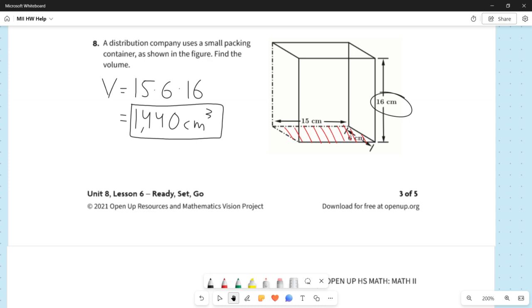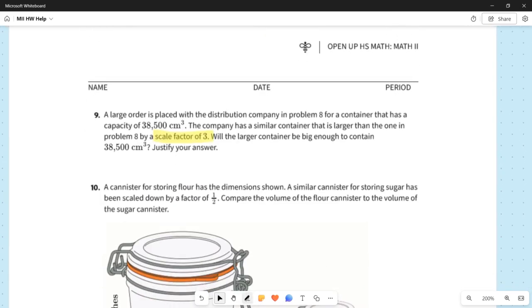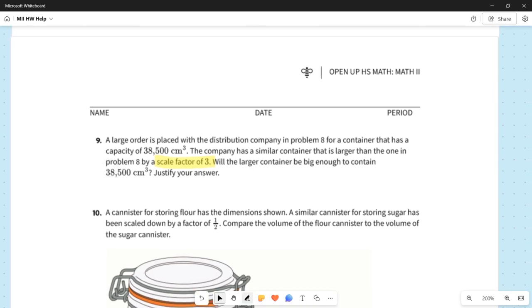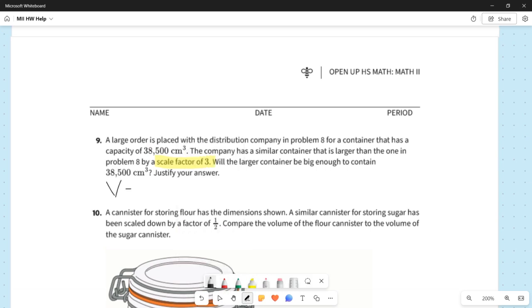So if I want the volume of the bigger box, I can simply take each of those and multiply by 3. That'll give me the new area of my base. So the volume is the area of the base, which is going to be 15, but that 15 is now 3 times as large. So now it's 15 times 3.